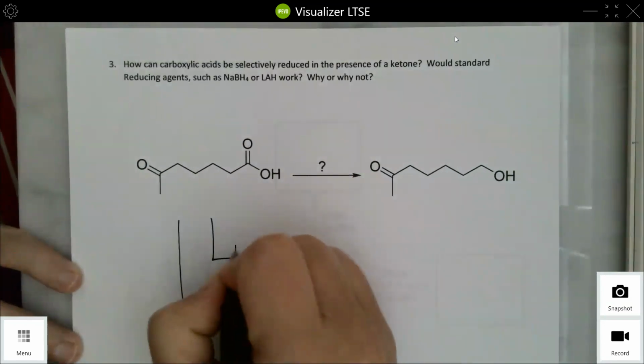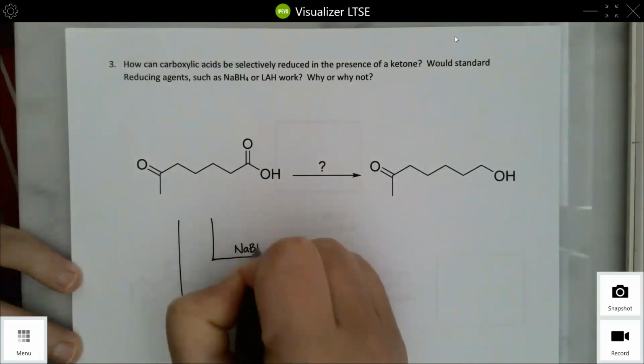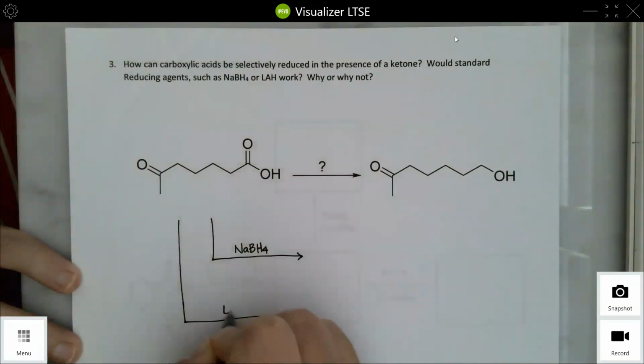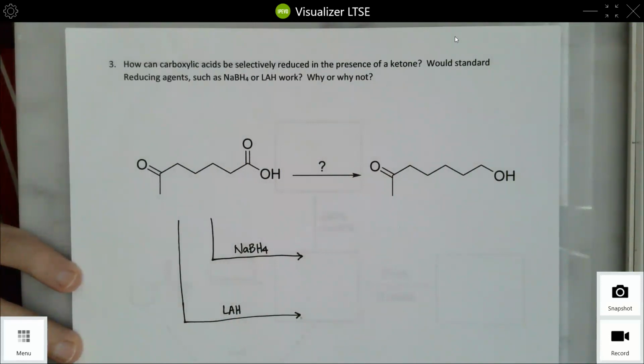Normally you might see water or methanol as a solvent mentioned here, and then a second step of water or H3O+. I'm just leaving that out for simplicity, because these are actually reactions that are not going to produce the desired product.